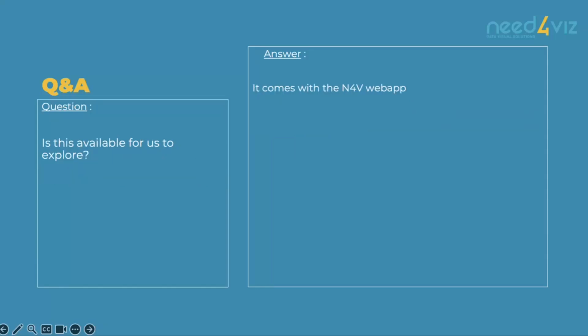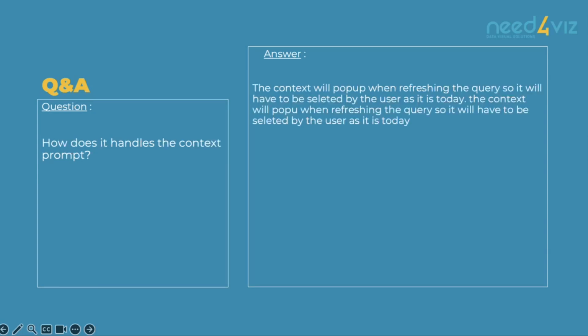Fabulous. Okay, coming to the end. Is this available for us to explore? So it comes with the N4V web application. Okay. Next question. How does it handle the context prompts? So the context prompt will pop up if it is determined that it is needed.